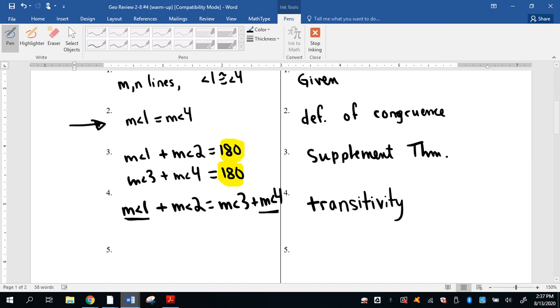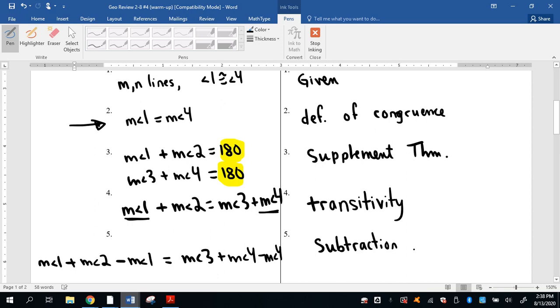This is going to be a long step, so I'm going to start it over to the left. Measure of angle 1 plus measure of angle 2 minus measure of angle 1 equals measure of angle 3 plus measure of angle 4 minus measure of angle 4. Subtraction property of equality.